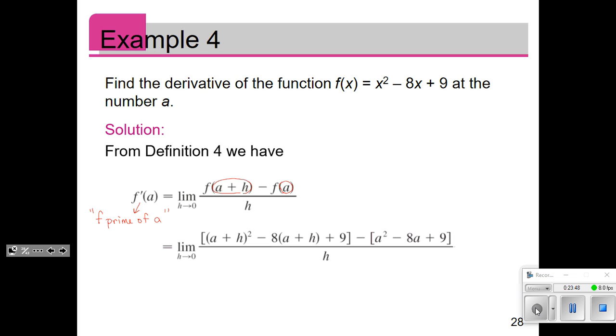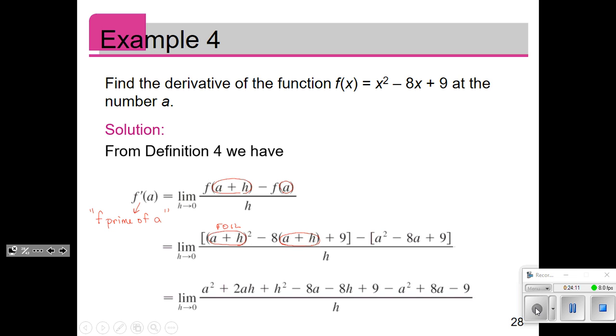So a plus h squared, this is x squared minus 8 times x plus 9, minus, again, square brackets, and now we're putting a in place of x. Okay, this has to be FOILed out. Okay, so there is quite a bit of work here. It's not hard work, but there is quite a bit of work just doing the grunt arithmetic stuff.